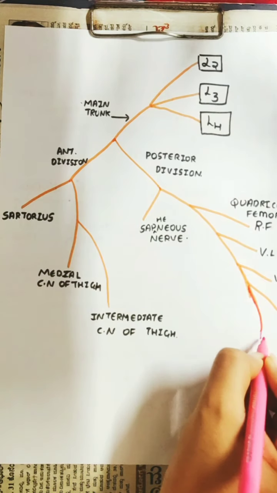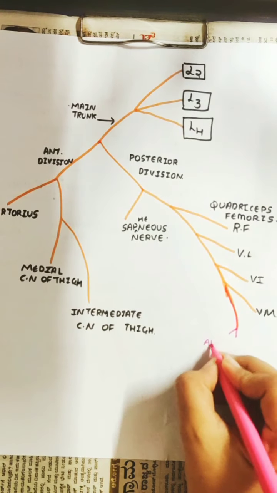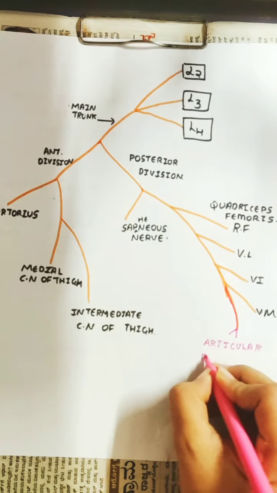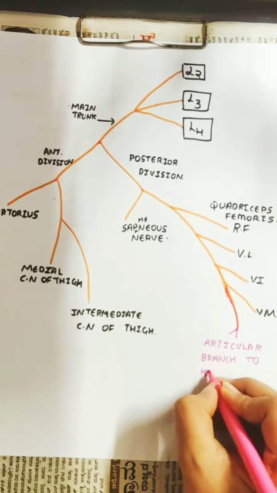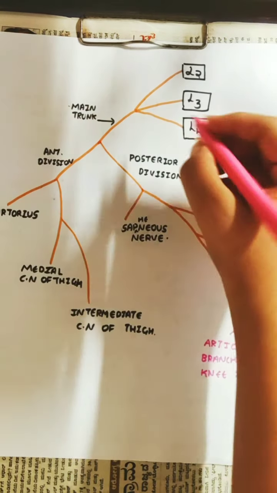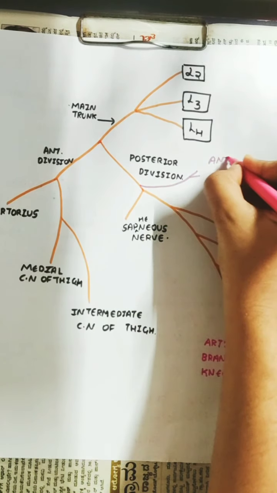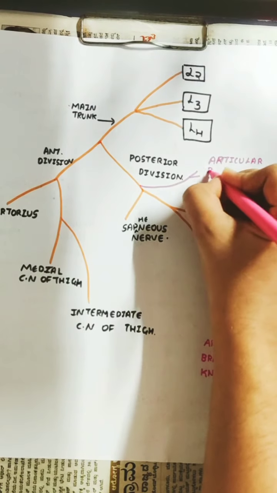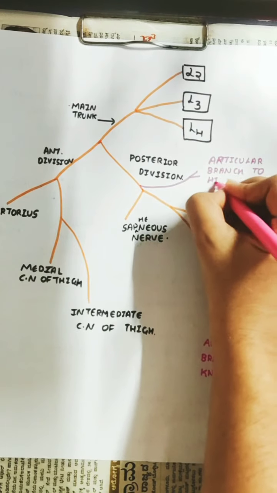So it gives an articular branch to the knee joint and an articular branch to the hip joint.